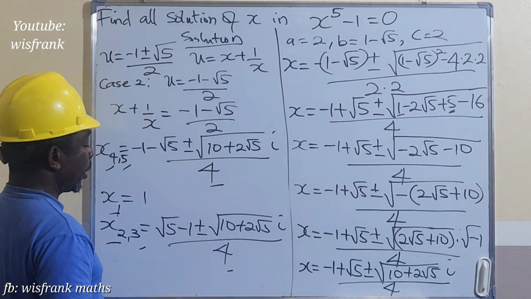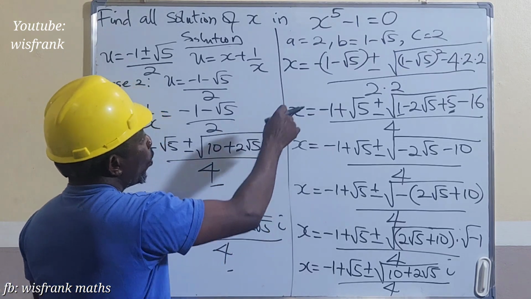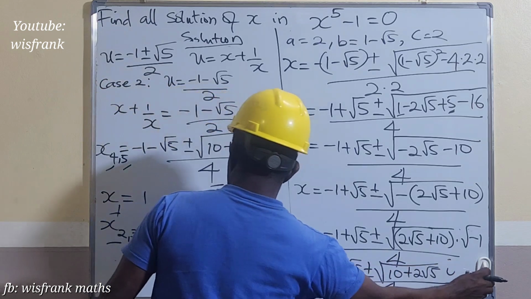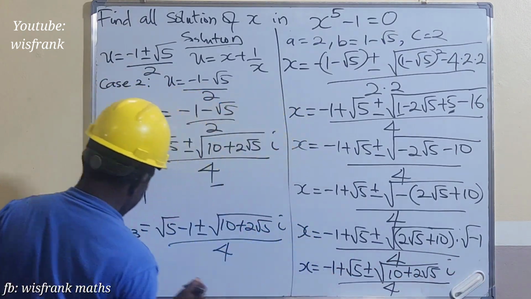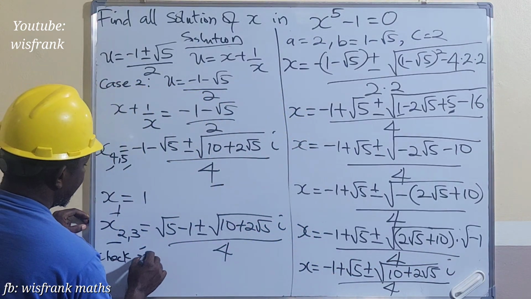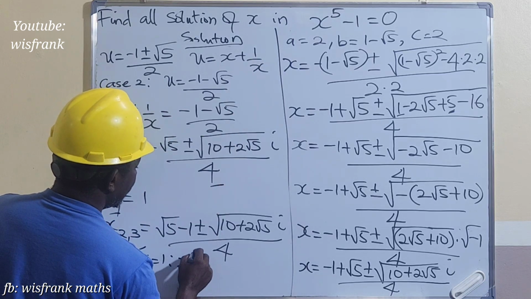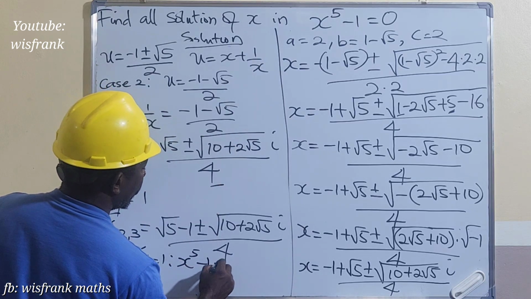We can do a little check to see whether x equals 1 will give us 0. Our equation says that x to the power of 5 minus 1 equals 0.